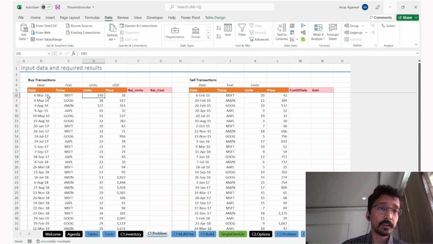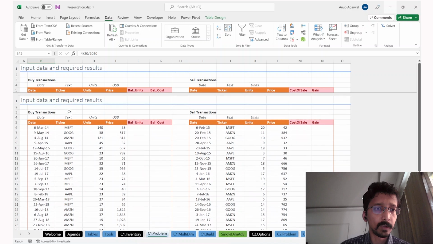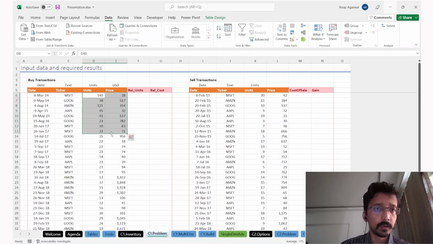Let's say this is the data that we have. We have dates, the stock in which you made a buy transaction, how many units you purchased, and at what price did you purchase. So you see these transactions go on from 2014 to 2020. Now, multiple tickers, and then the units and price.